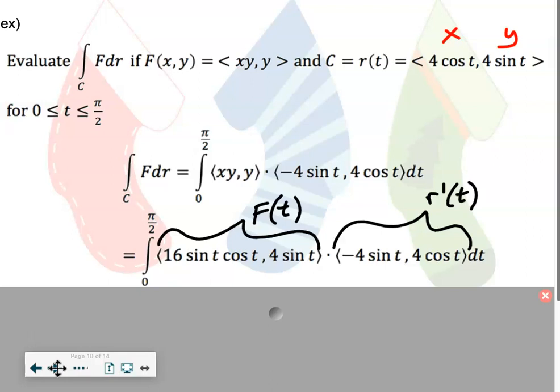Now you got to find the dot product. Do you guys remember how to do a dot product? Okay, go ahead and do the dot product. See what happens.